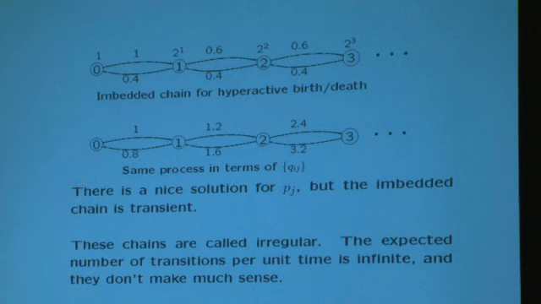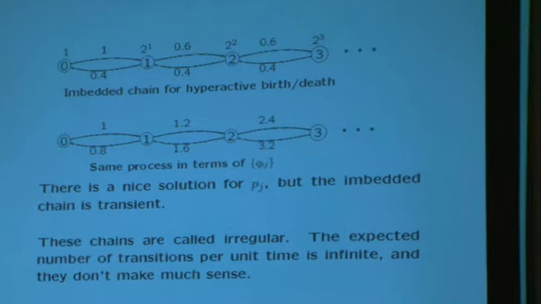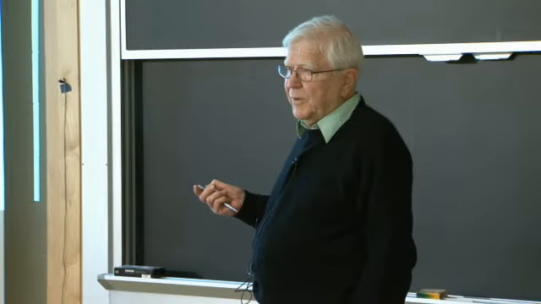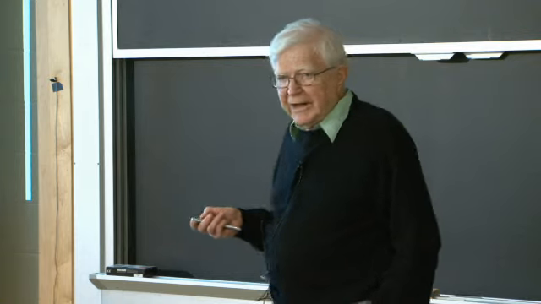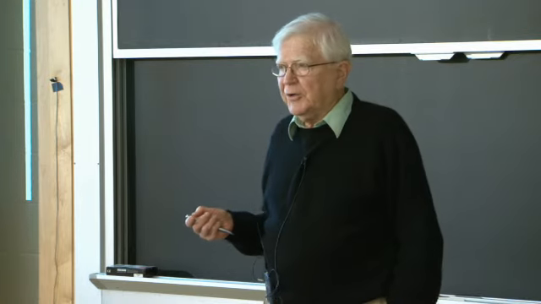And for this particular example, you can solve those process equations. The process equations look just fine. This is where you have to be careful with Markov processes, because you can solve these Markov process equations and get things that look fine when actually there isn't any steady-state behavior at all.